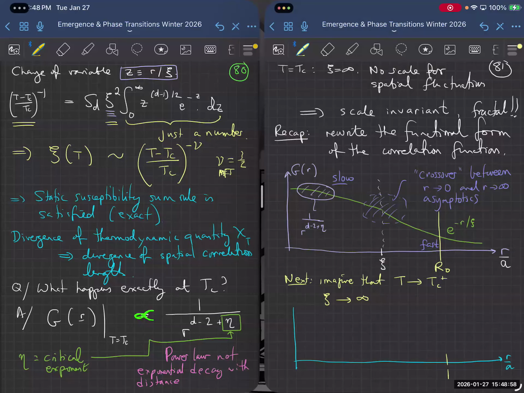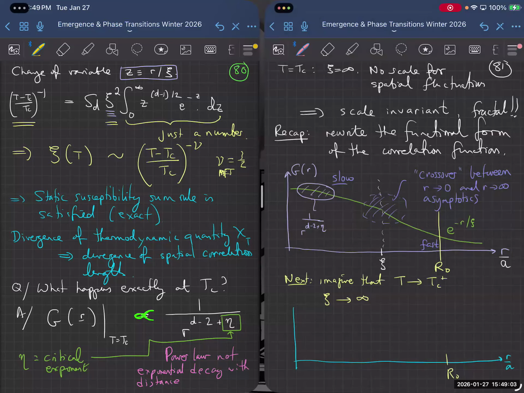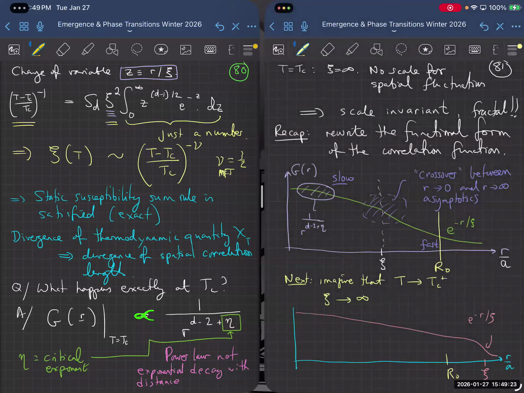Here is my point R naught, but now my correlation length has gone out to a much larger value. So this behavior is going like that, and then here is the exponential decay, and psi is now over here. So now I've gone from a regime where R naught is much bigger than psi to a regime where R naught is much less than psi. And so I'm looking at the correlation function in a different asymptotic limit of its argument.